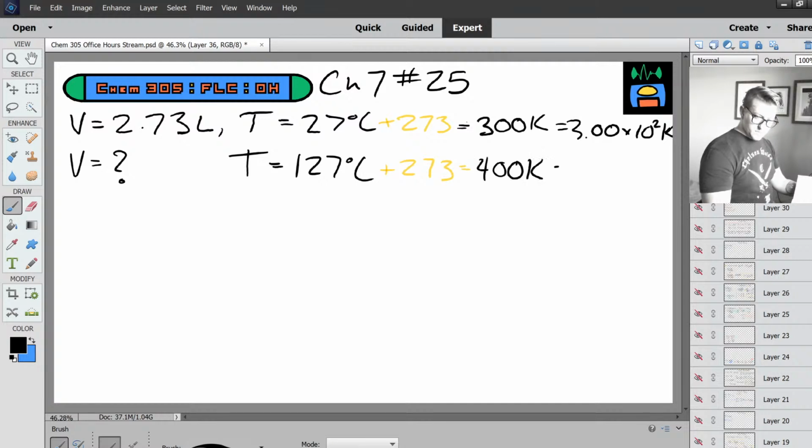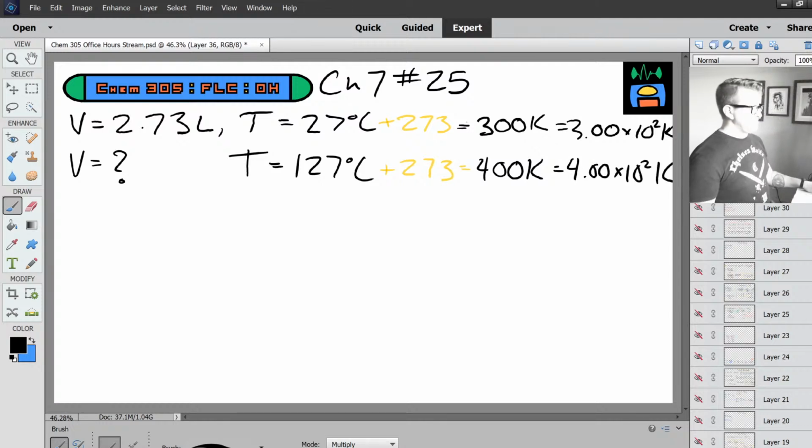So again, converting that to Kelvin with the right number of sig figs lands us here. Now we're dealing with the combined gas law, but pressure and moles are constant.